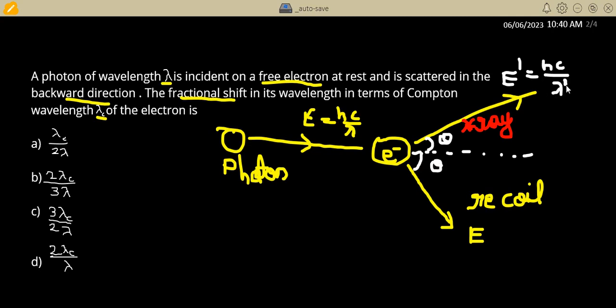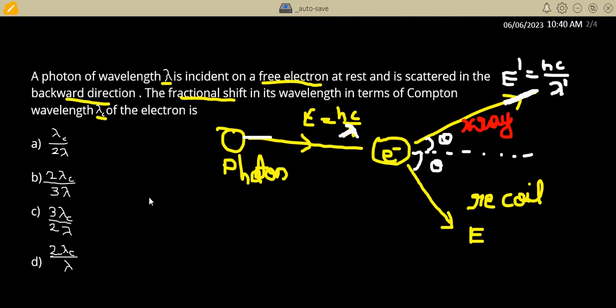So we get a change in the wavelength between the incident photon and the produced X-ray. The X-ray also consists of photons. So lambda is changed to lambda dash.